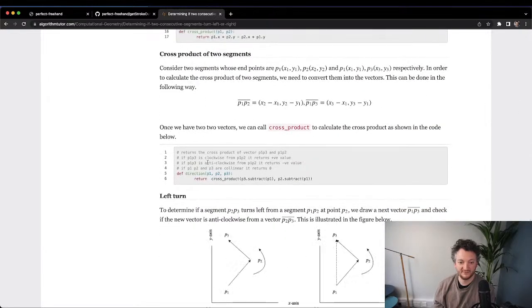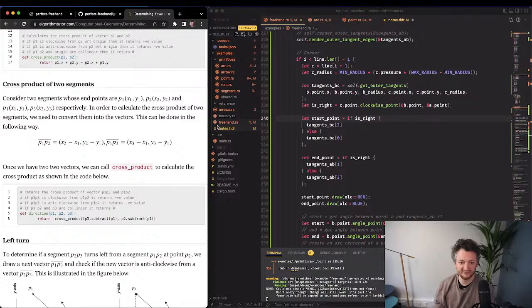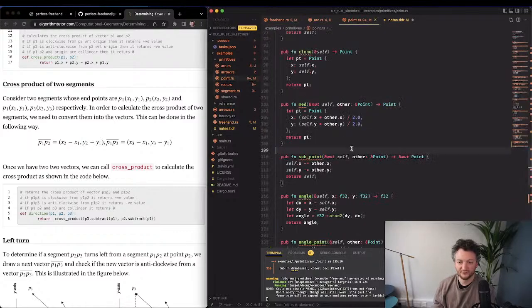Cross product. Oh, interesting. I think I have cross in here. Point.